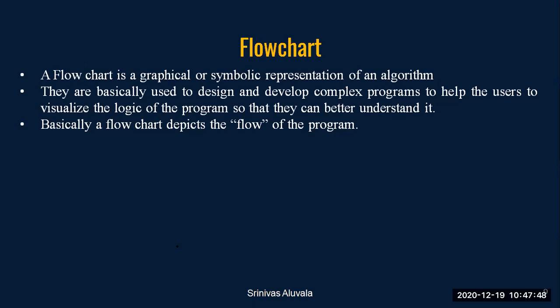So, in the simplest way, the steps of an algorithm depicted visually using symbols to show the flow of the program is called a flowchart. A flowchart is a graphical or symbolic representation of an algorithm.